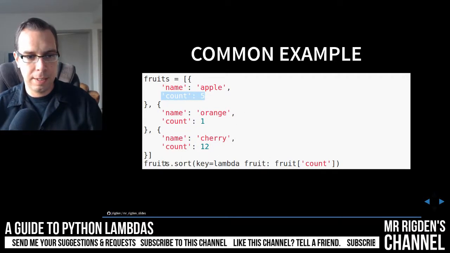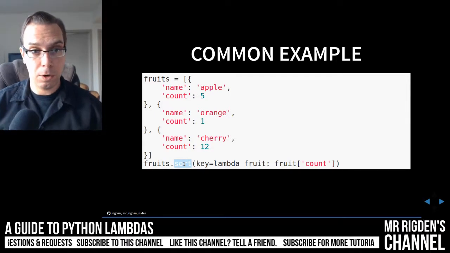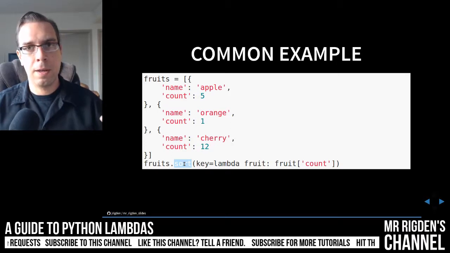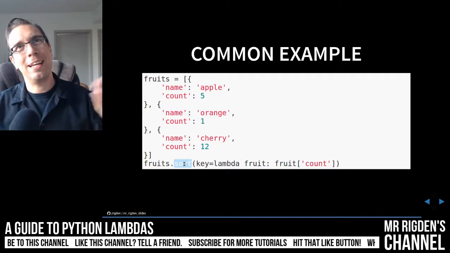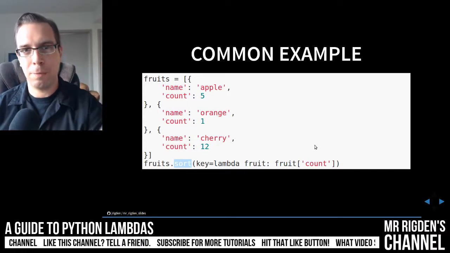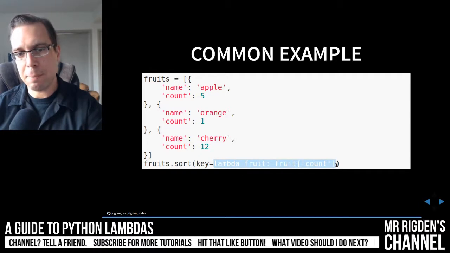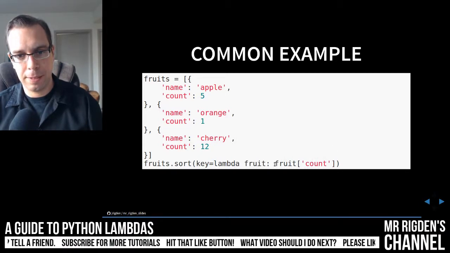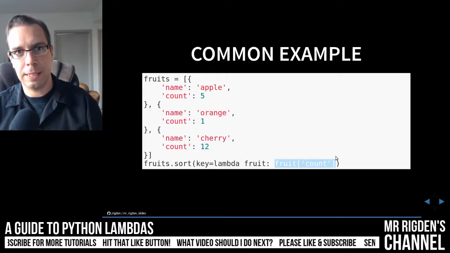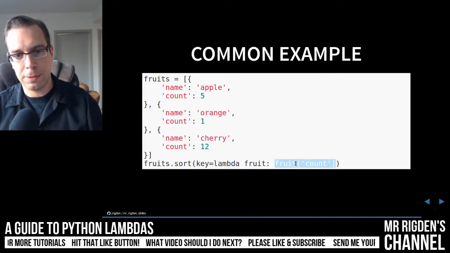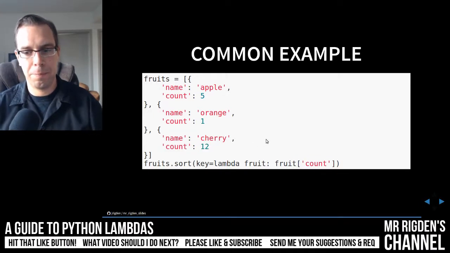So we use the sort function, and the sort function needs to have a value that it's going to sort by. What we're going to do is have that key be the result of a lambda function, and that lambda function is going to be the count. As sort goes through, it's going to be getting that count, and it's going to be sorting by that count number.